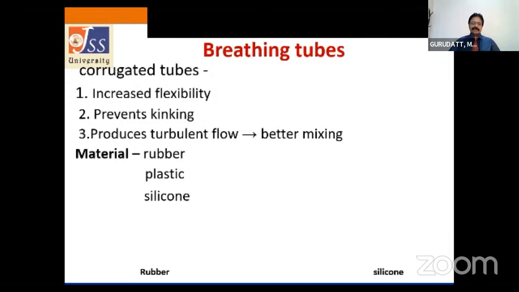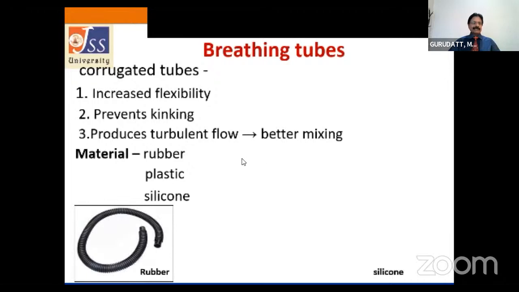So the advantage of rubber tubes was that they could be reusable. So the rubber tubes were reused, but there were a lot of disadvantages with these rubber tubes. One thing was they used to be very heavy and they themselves used to drag on the endotracheal tube. Second, they are opaque, and because of that, what is inside could not be seen.